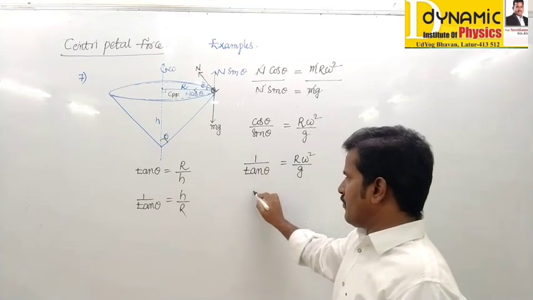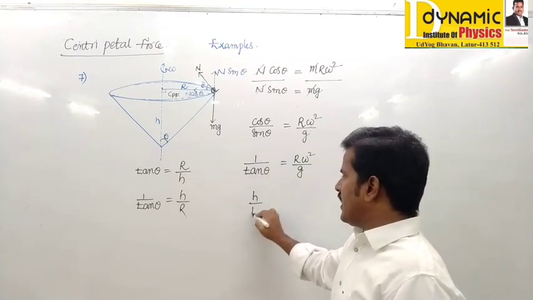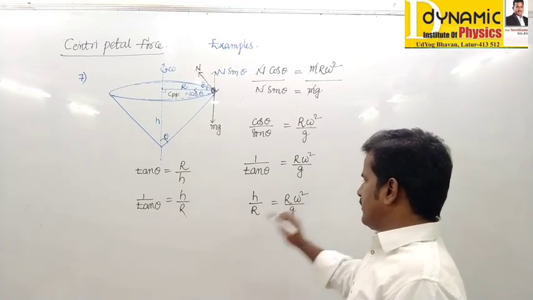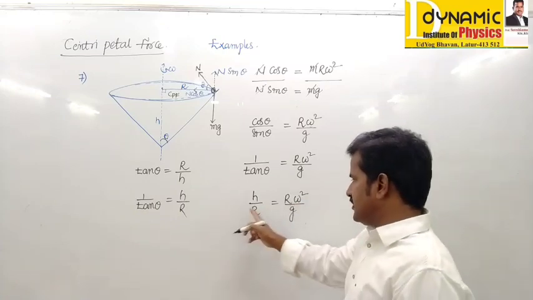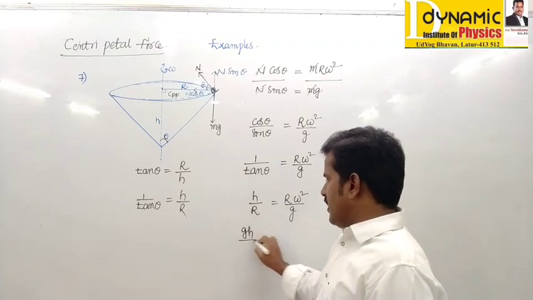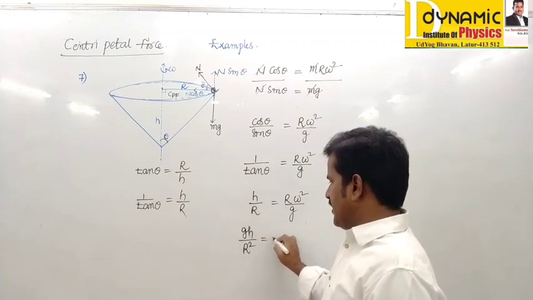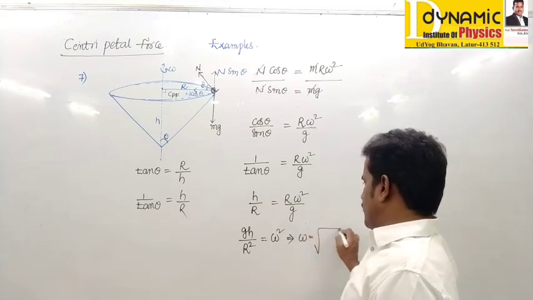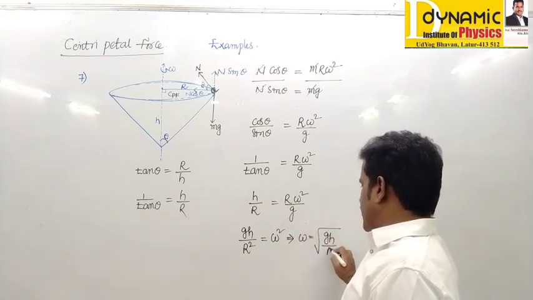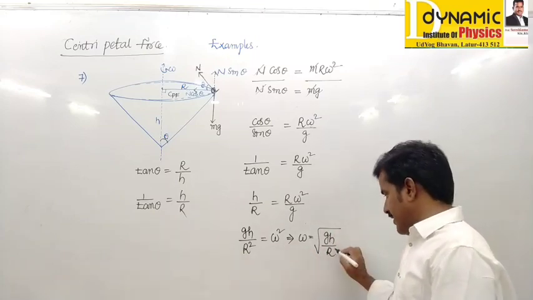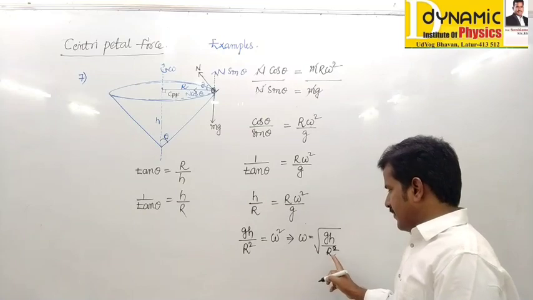So h upon r equals r omega square by g. We want omega: omega square equals gh upon r square. Omega equals under root of gh by r square. Sorry, gh by r square.